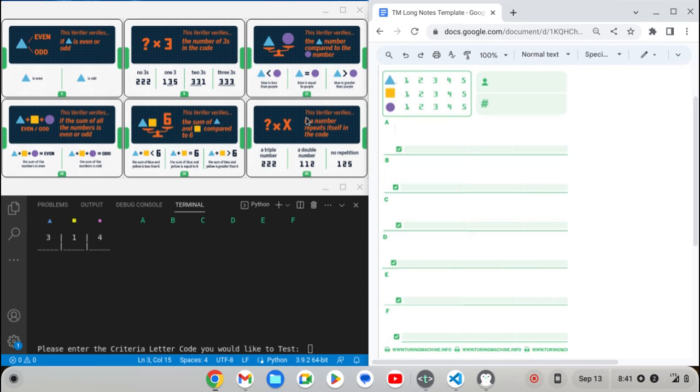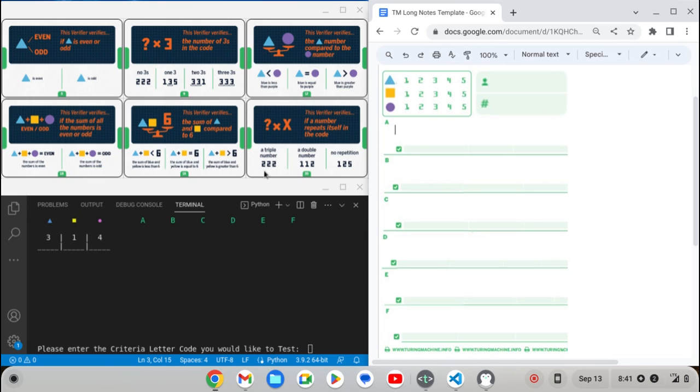And finally, criteria card F again looks at our 3-digit solution, but this time tells us a little bit about its structure, so to speak. Specifically, it can let us know whether there are no repetitions in the code, as in the example 125, or it could tell us that there is a double number, a repeating digit, as in the example 112, or it could even tell us it's a triple number, or a single digit repeated 3 times, as in the example 222.